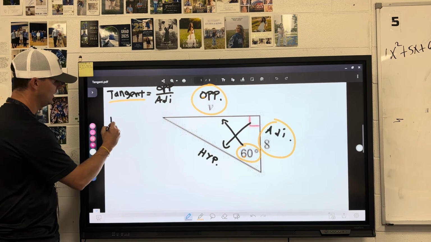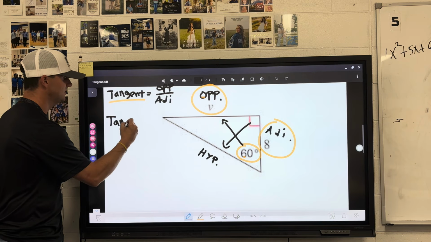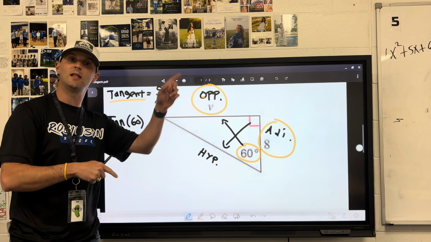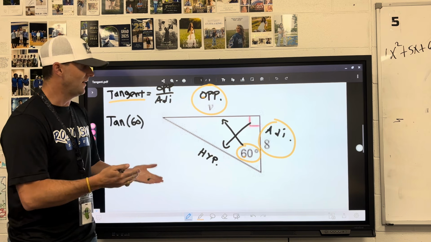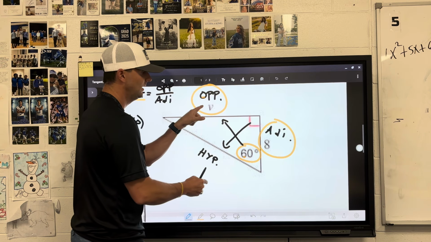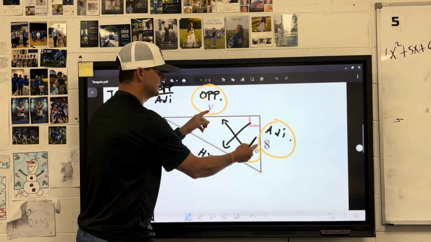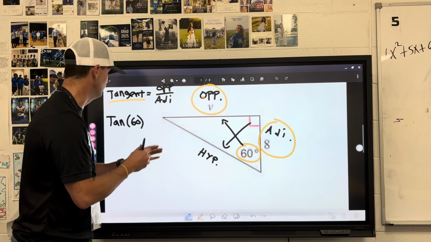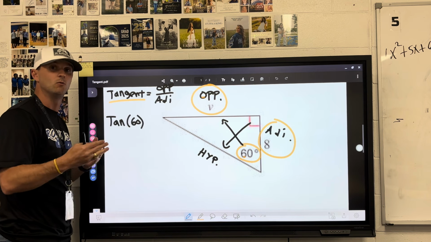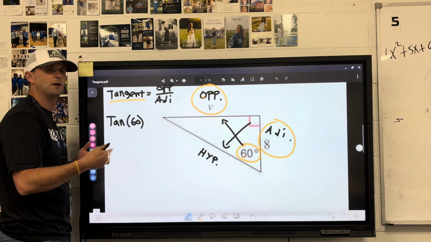So I know if I typed in the tangent of 60 and clicked enter, it would give me a decimal like it did earlier. Well, if I actually knew this value of this opposite side, and I know this value of the adjacent side, and I was to find that ratio, the tangent of 60 and that ratio would be equal to each other. So I can set up an equation and solve.